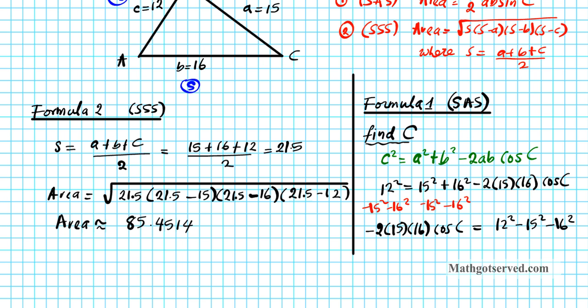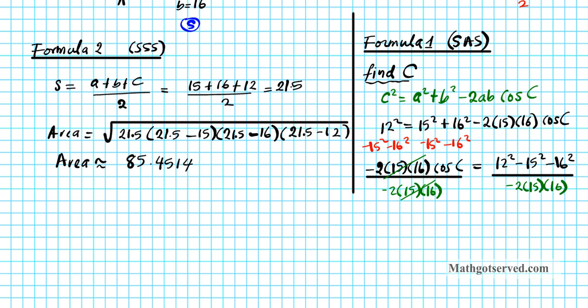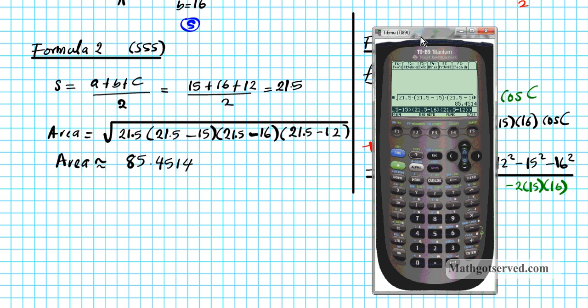All right, so let's divide both sides by the coefficient of cosine C. We divide this side by negative 2 times 15 times 16, and this side by negative 2 times 15 times 16. These two divide out, and we'll have cosine big C is approximately... now let's enter that expression into our calculators.